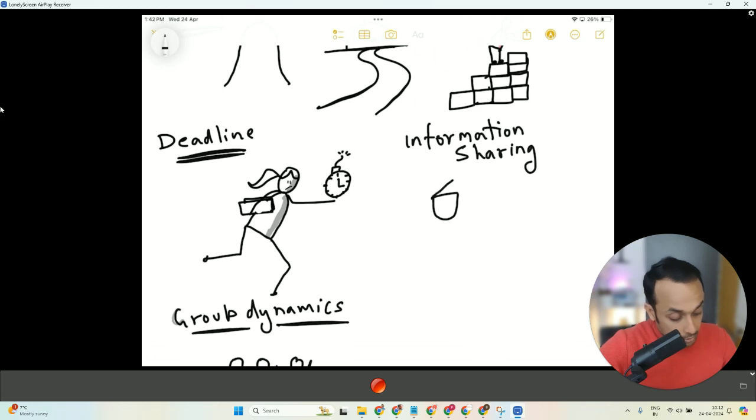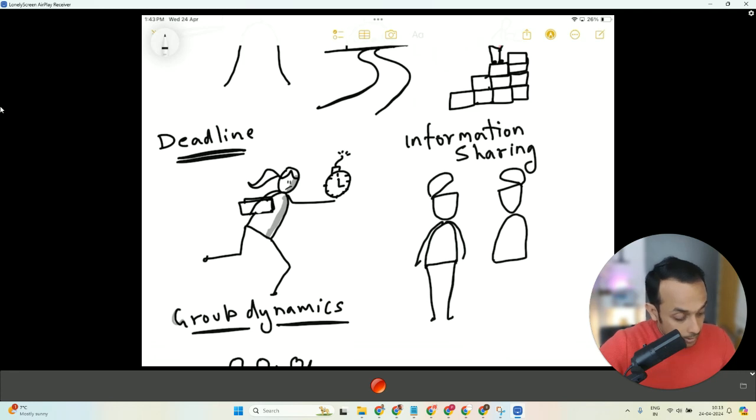This is a person whose brain is open, and of course he's standing, and this person is also having his brain open and is standing and might be explaining something.